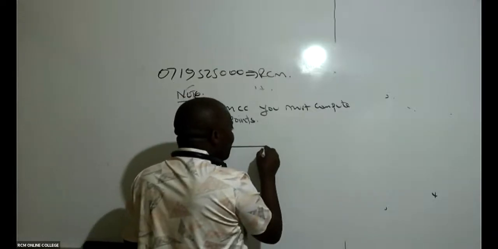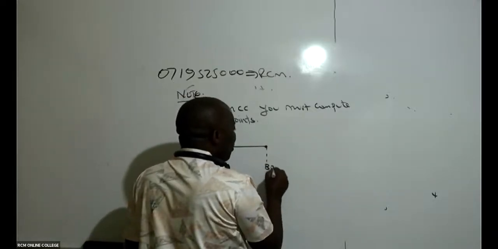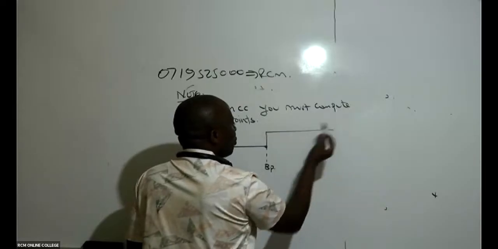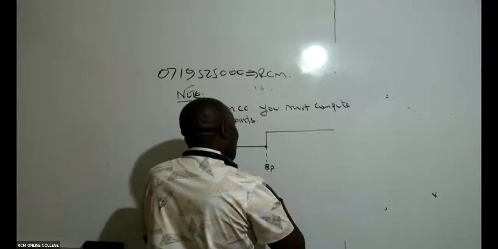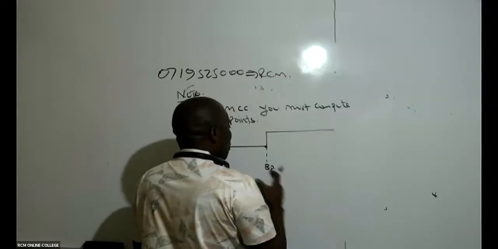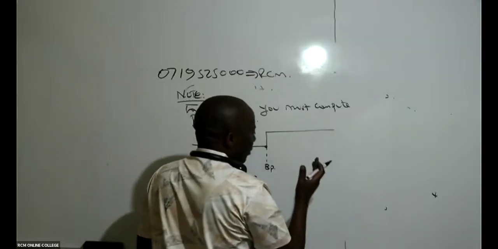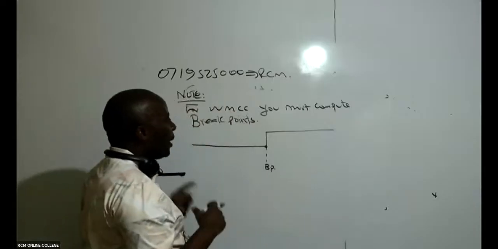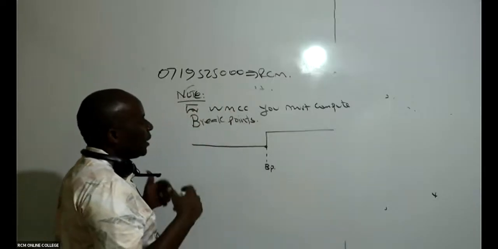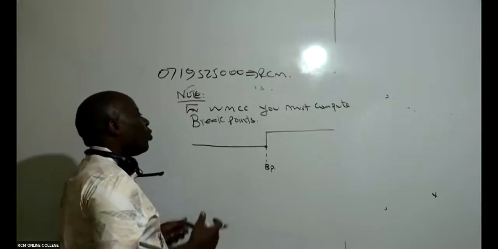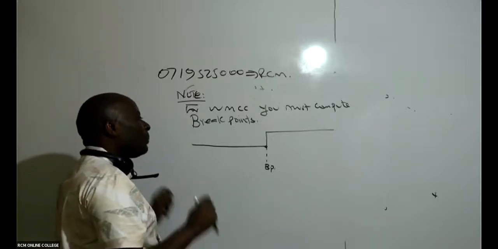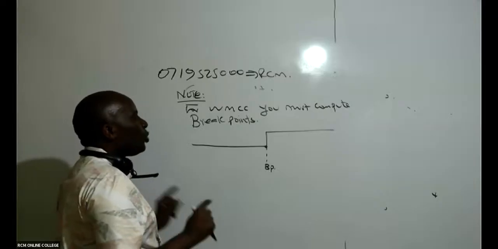Once you hit this breakpoint, then of course we expect the 12 to go up, maybe to 14. So the breakpoint is there to deal with this discontinuity. At the breakpoint, we expect the cost of capital of a firm to change.